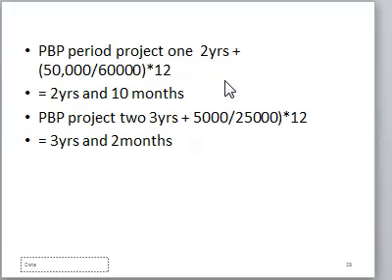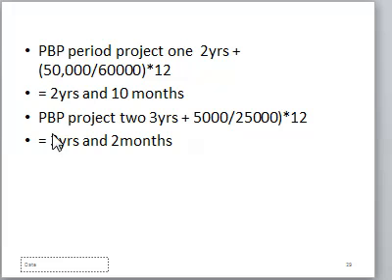So in our first project 1, we said we are covering 2 years. This was the cash flow remaining to cover. This is the cash flow that was used to cover. So it is 50 divided by 60, multiply by 12. Then you are going to cover the investment in 2 years and 10 months.